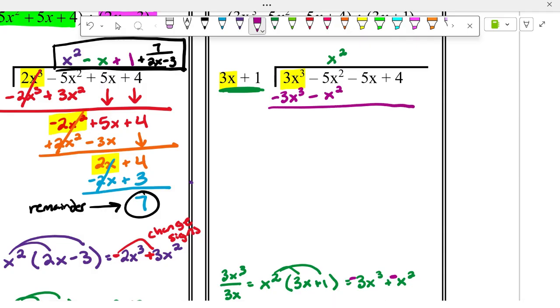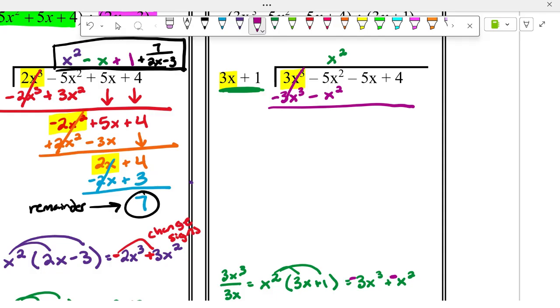So Hayden, this cancels, but what's negative 5x squared minus x squared? So one more time. What's negative 5x squared minus x squared? It's what?